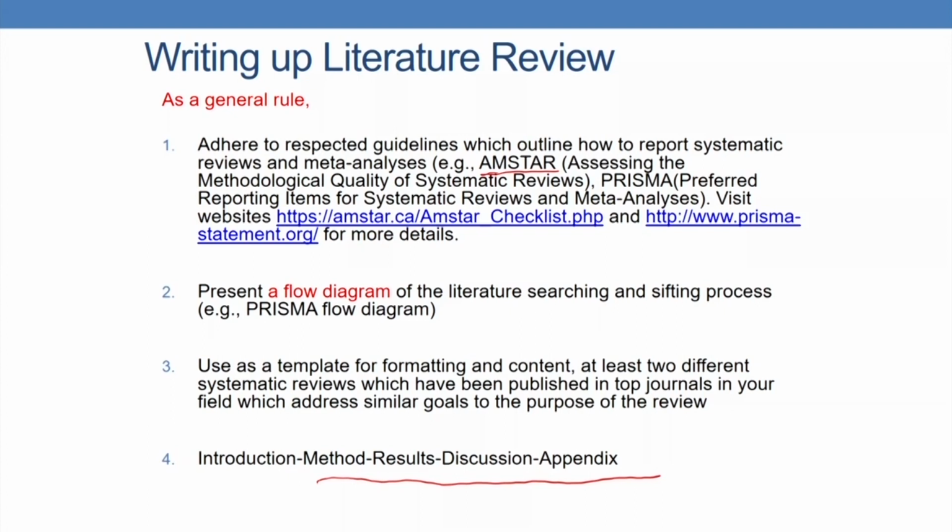With respect to the introduction, the things to keep in mind are whether we have provided a theoretical and empirical background to the literature, explaining key terms, definitions and concepts, and whether we have provided a theoretical or empirical rationale for carrying out the systematic review.